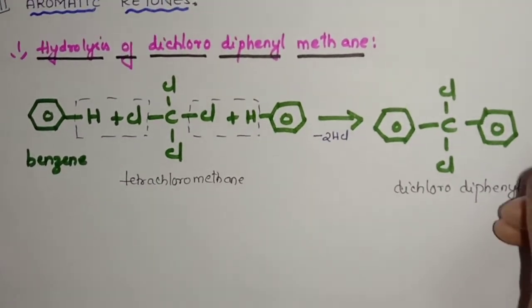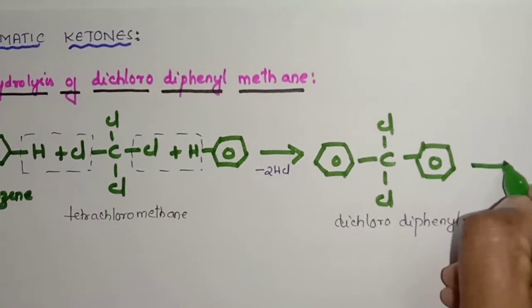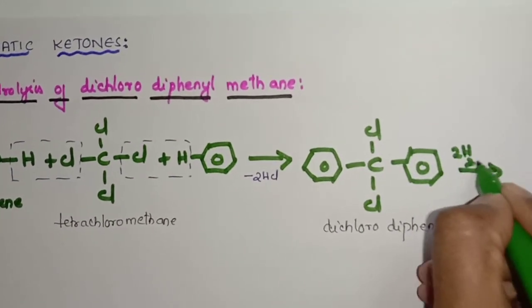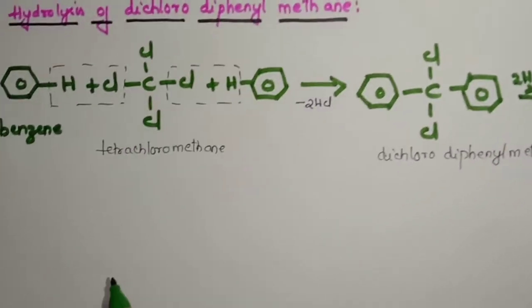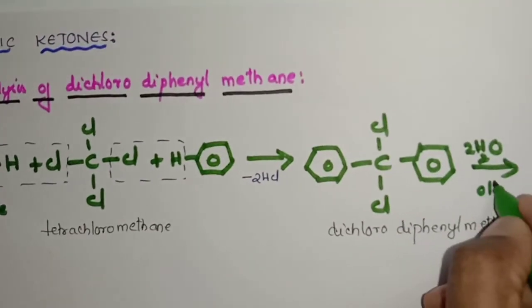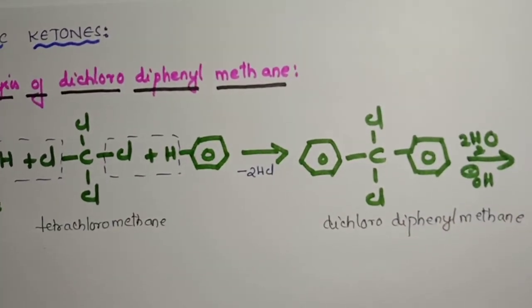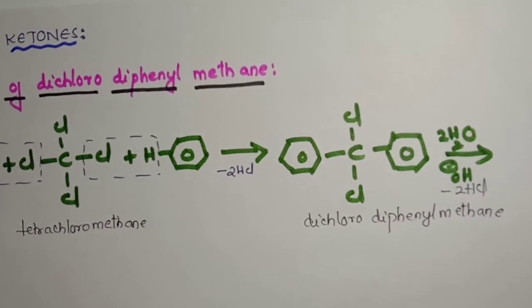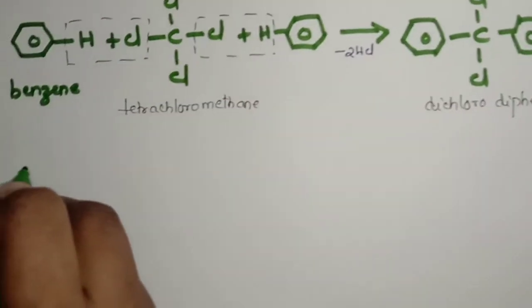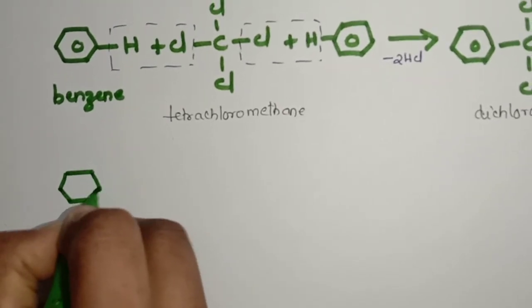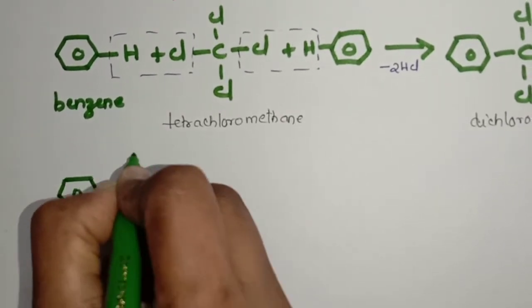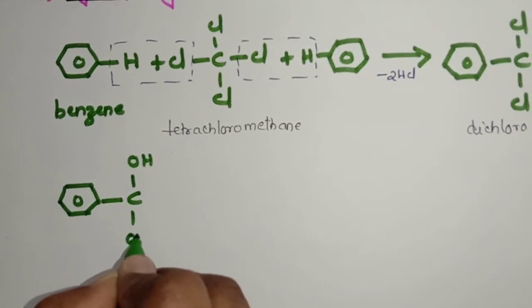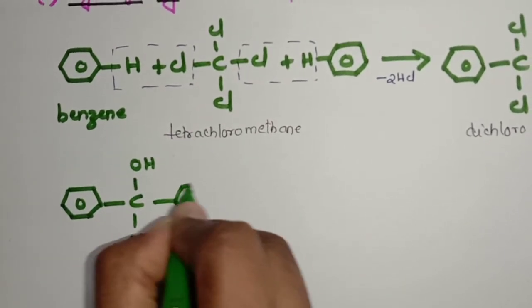Now this on hydrolysis, taking up two molecules of H2O in the presence of a base, again minus 2 HCl molecules come out, resulting in the formation of C6H5 C(OH)2 C6H5.